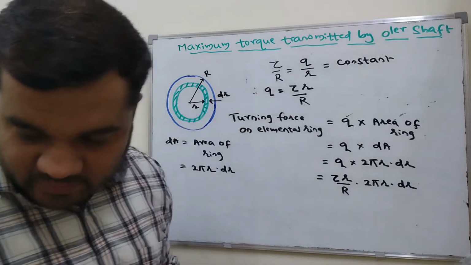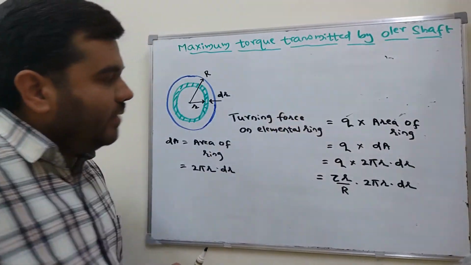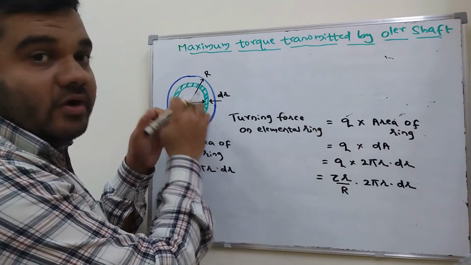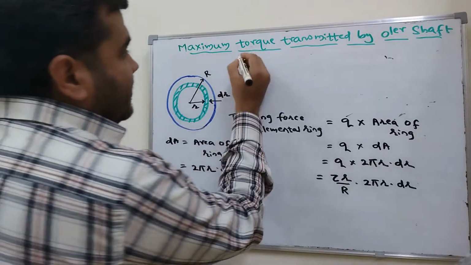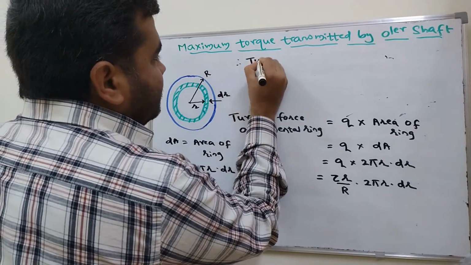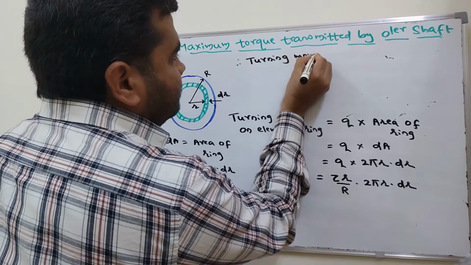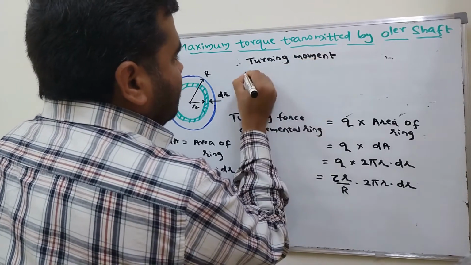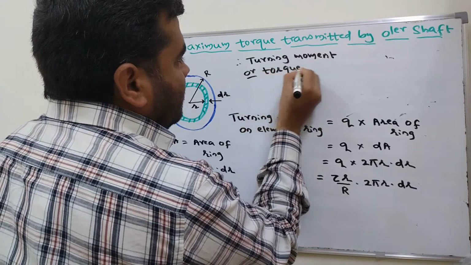So now we will write that here. Next is turning moment, because I want the turning moment or torque on the elemental ring. Then we will go for the whole shaft. Therefore, turning moment or torque on elemental ring.